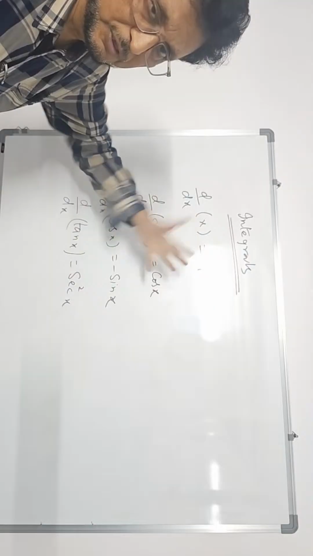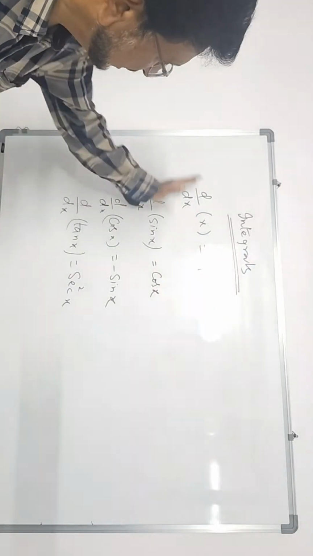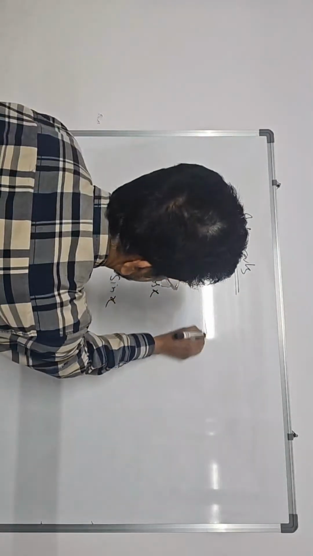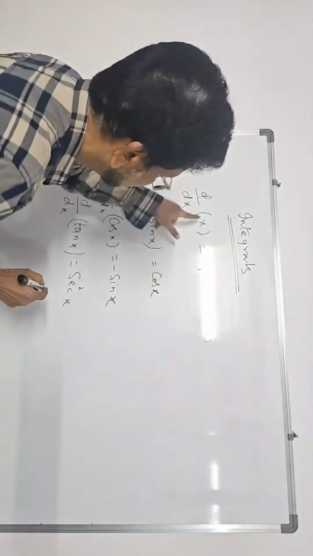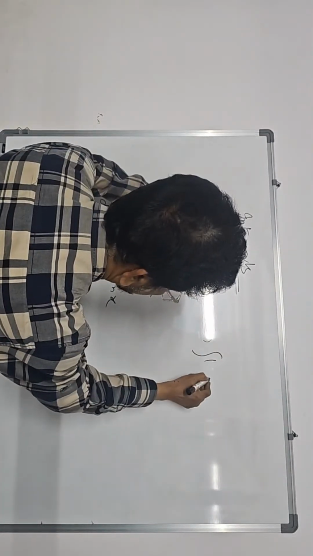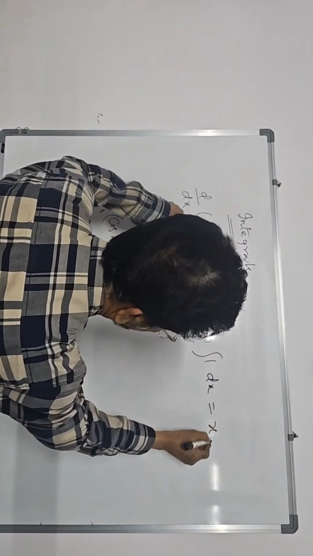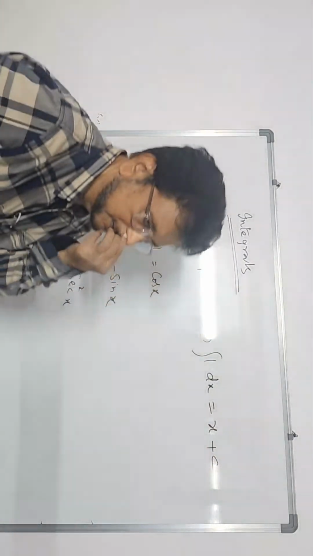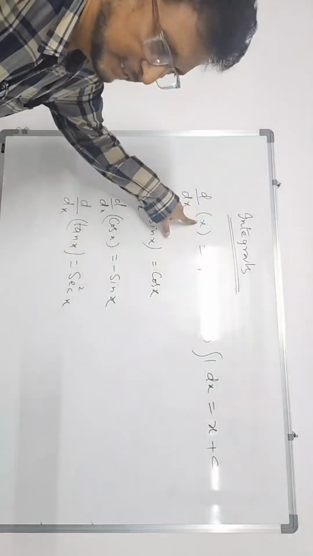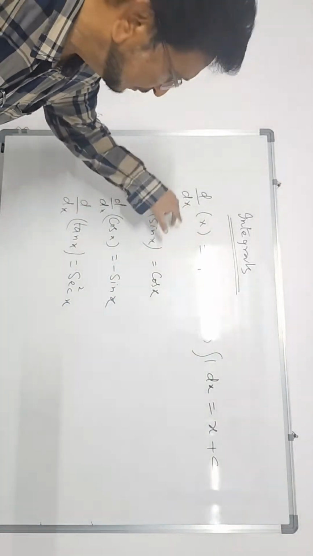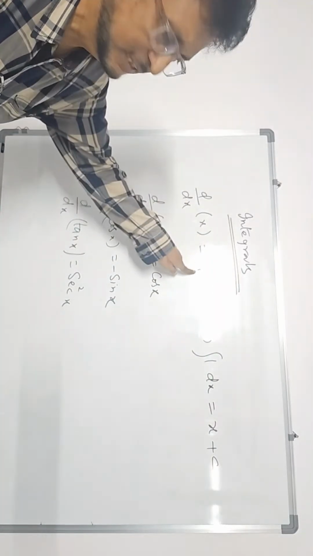Integration is quite opposite to differentiation. If you want to write it in reverse order, integration of 1 is x plus some constant number c. Here x plus some constant number k: if you differentiate x plus k, you will get the answer 1.